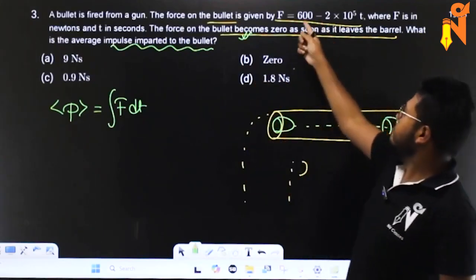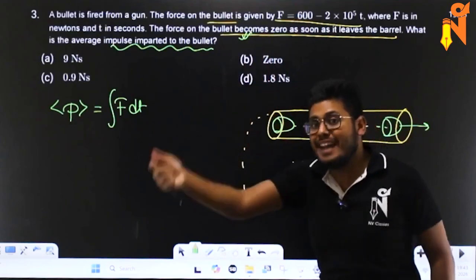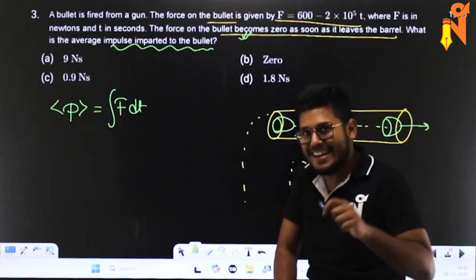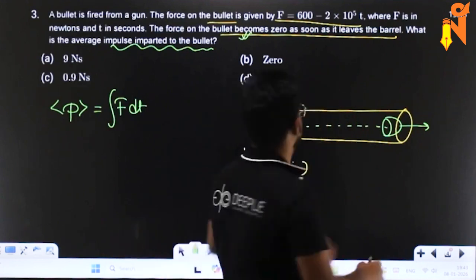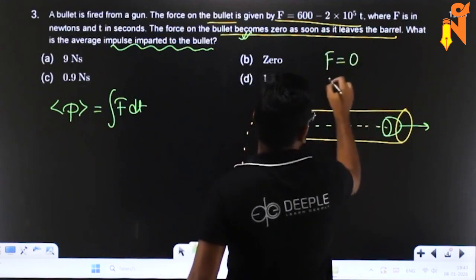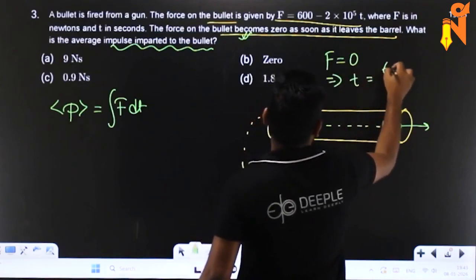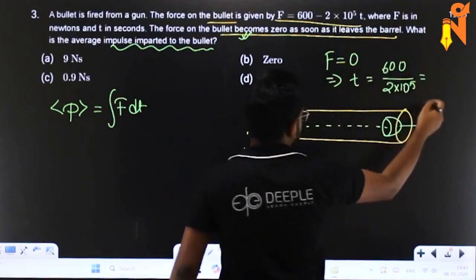So if I just make the force F equal to 0, since it is a function of time, I will get the time when the force becomes 0. Basically, that means I will get the time when the bullet leaves the barrel, right? Just put it equal to 0. So F equal to 0, that means time t will be 600 over 2 into 10 to the power 5. So I get how much?